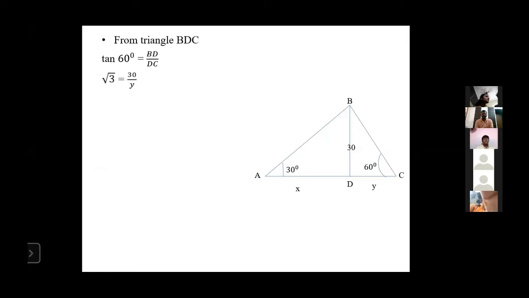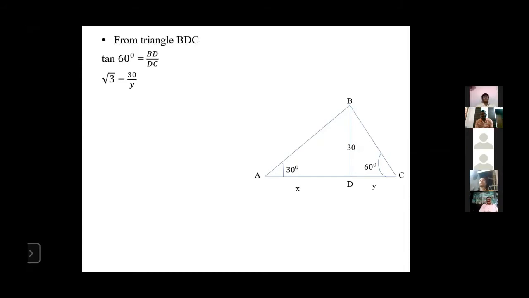Now tan 60 is equal to root 3. Root 3 is equal to, here the BD height is 30, and DC we assumed is y. Root 3 is equal to 30 by y.